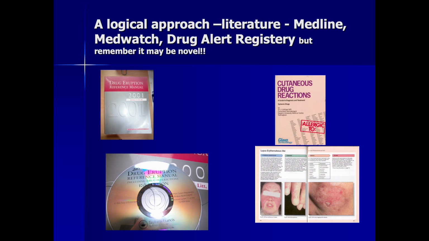But of course, one can use Medline, MedWatch, drug alert registries. All may be helpful in determining the likelihood of your suspect drug causing the morphological pattern of reaction that you're seeing.